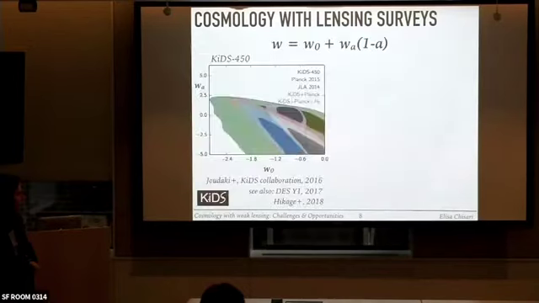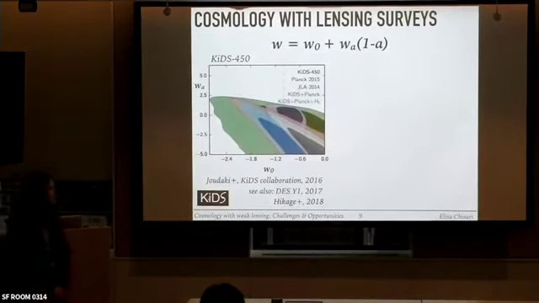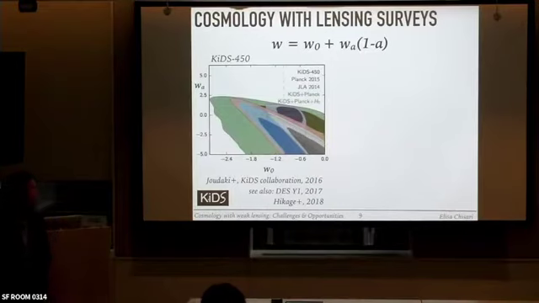So these are current cosmological constraints on the equation of state of dark energy from the Kilo-Degree Survey. So these are from 2016. There are similar results from Dark Energy Survey and HSC already.